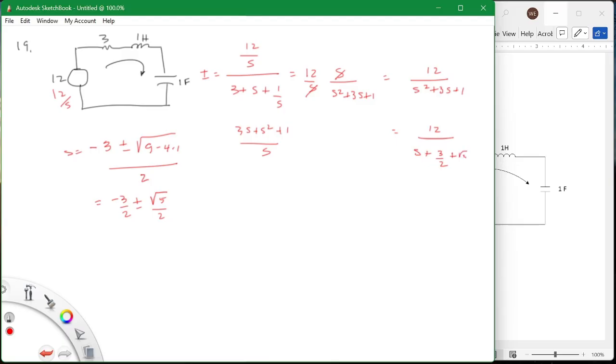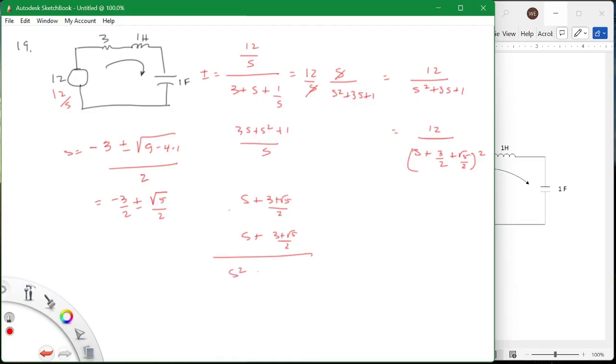Any question about that? If you don't believe that, let's do this. Let's say s plus 3 plus the square root of 5 over 2 times s plus 3 plus the square root of 5 over 2, multiplied through.